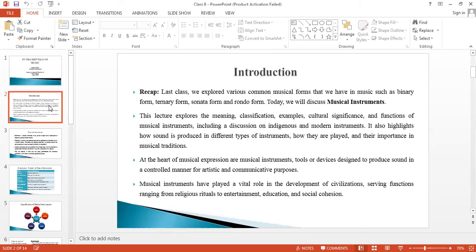At the heart of musical expression are musical instruments, tools or devices which are designed to produce sounds in a controlled manner for artistic and communicative purposes. Musical instruments have played vital roles in the development of civilization, serving functions from religious ritual to entertainment, education, and social cohesion.